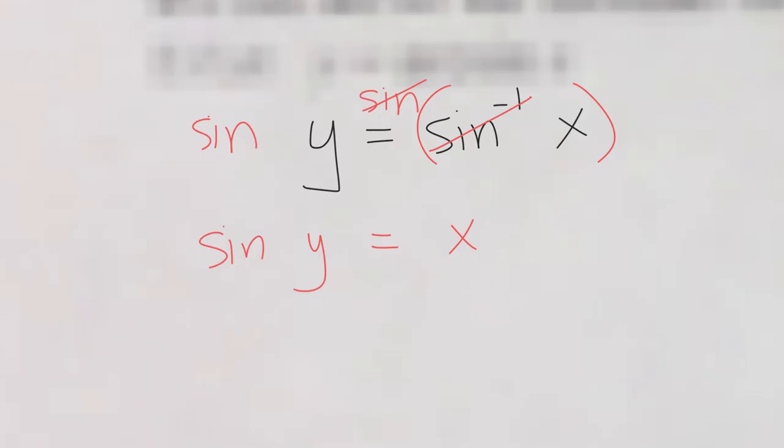Since we don't know what the arc sine derivative is, we have to manipulate it so that we have something we do know the derivative of. So now let's take the derivative of this equation with respect to x. What is the derivative of sine of y with respect to x?